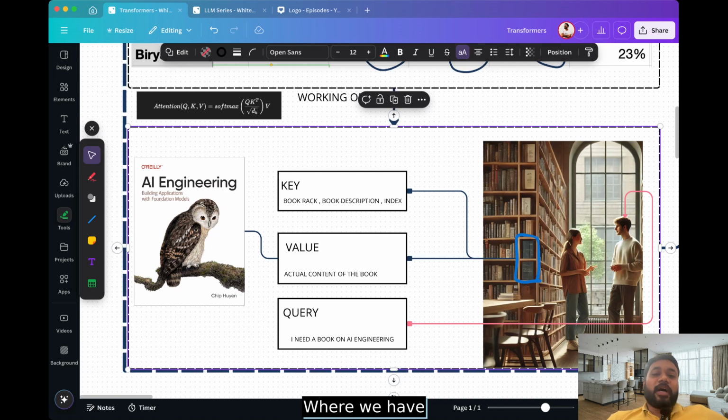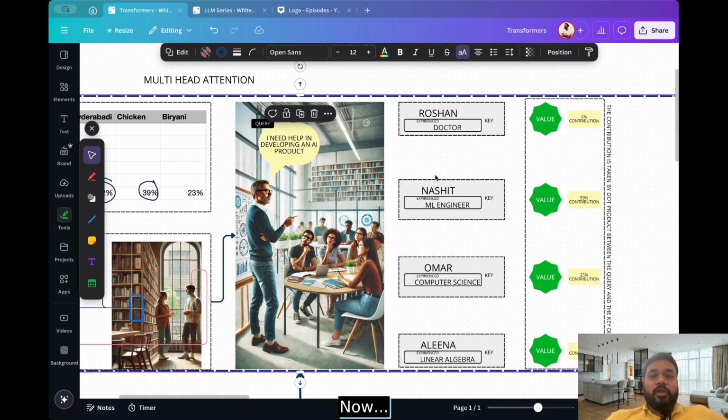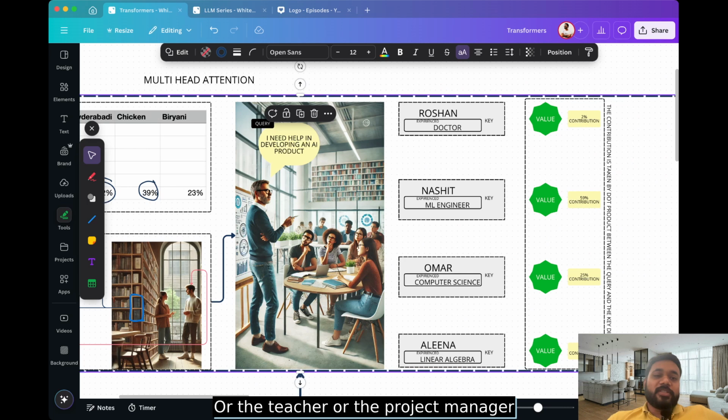Now, let's try another example where we have an AI expert team selection using dot product attention. Suppose that I need help in developing an AI product. I have 4 experts with me, each having different skills. The transformer, or the product manager, needs to decide who is the most relevant one.